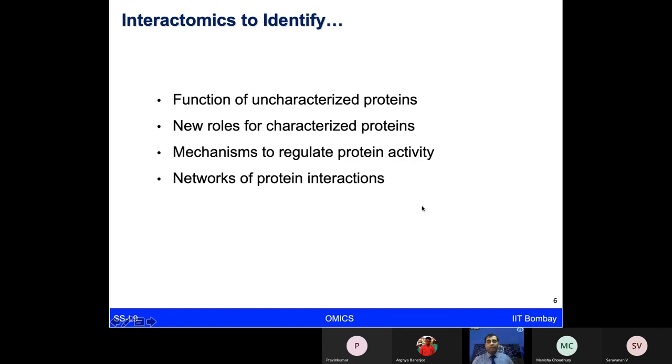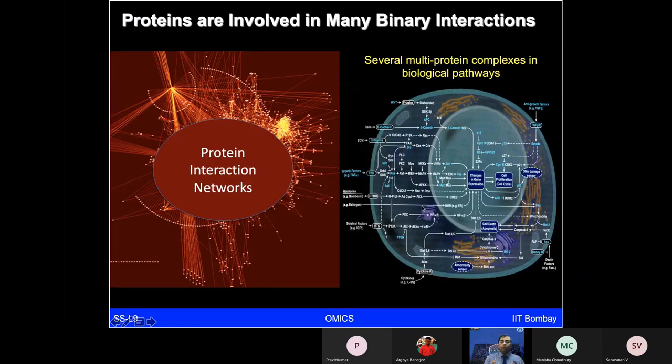Of course, these networks of protein interactions are highly crucial to understand various types of biological processes. Most of the physiological processes happening are because of various binary interactions inside the physiological system. These are the complex images where you can see how various protein clusters are interacting, and these nodes and subnodes are very crucial.